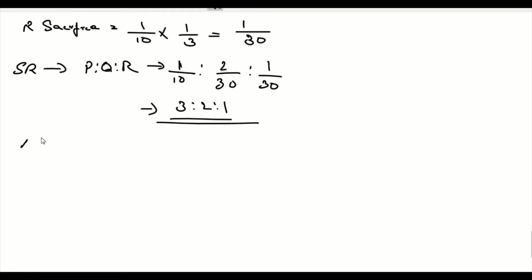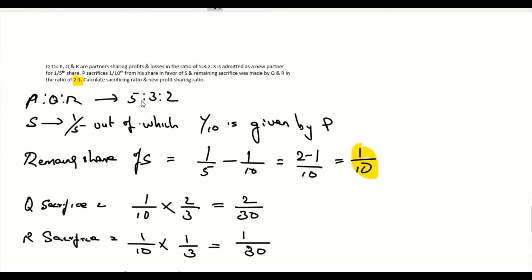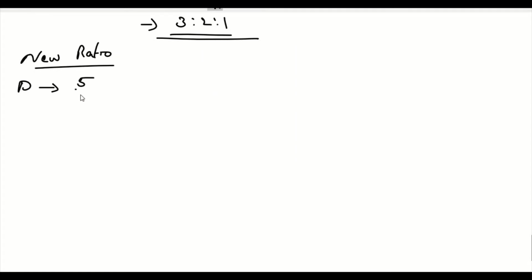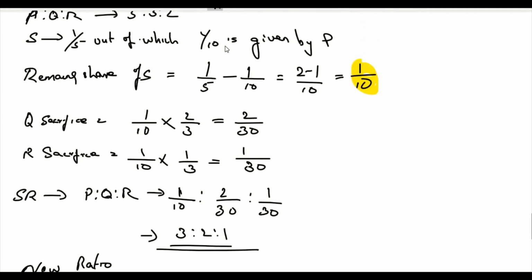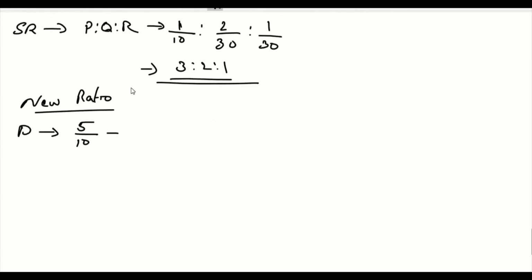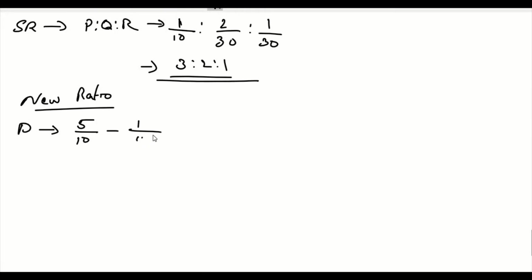Now we will find the new ratio. For P, his original share, 5:3:2, is going to be 5/10, minus his sacrifice. He has sacrificed 1/10 to S, so it is going to be 5/10 minus 1/10, that is equal to 4/10.